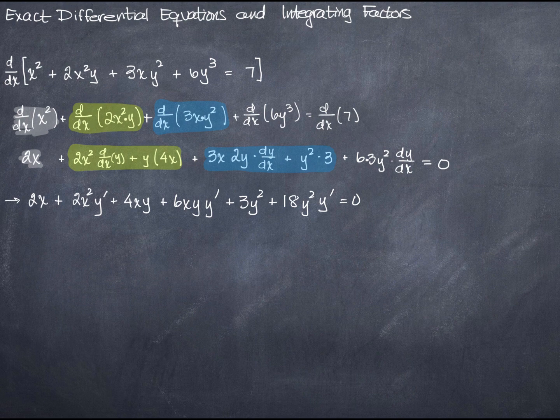So I need to find a way to isolate my dy dx's, or in the case of this last line that I have here, y prime, because remember that y prime is equivalent to dy dx, right? So for abbreviated writing purposes in this line, I've used y prime, whereas perhaps a more accurate way to write this derivative is dy dx, because y prime tells me what the dependent variable is, but it doesn't tell me what the independent variable was.